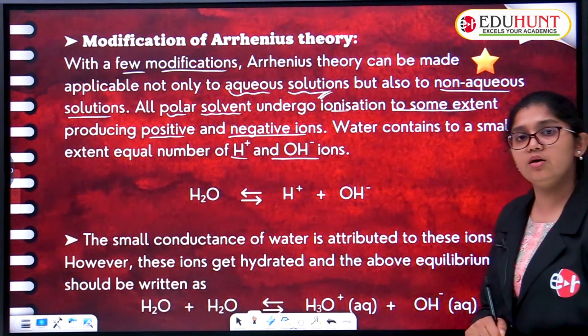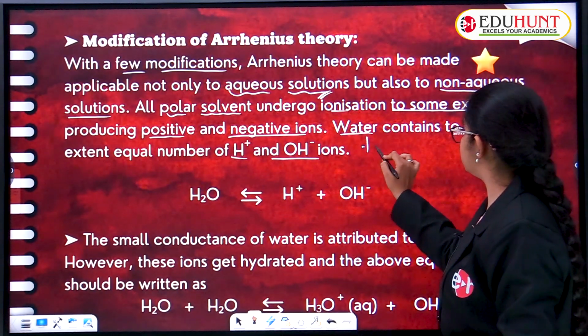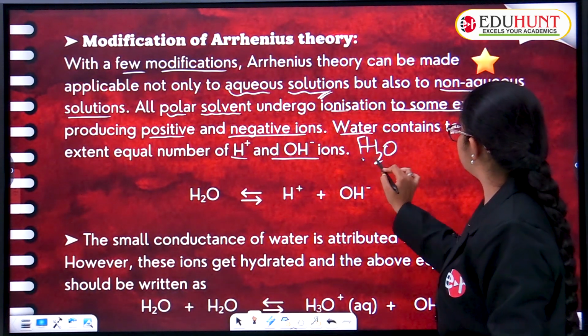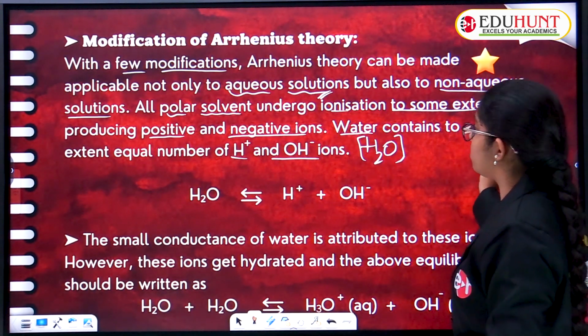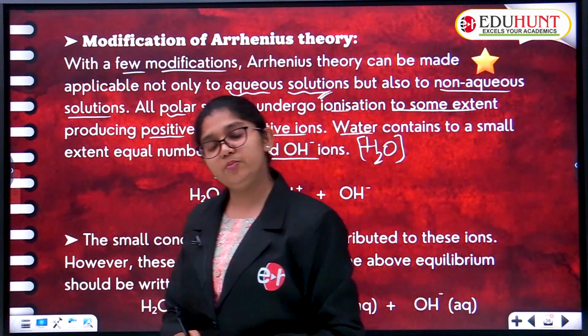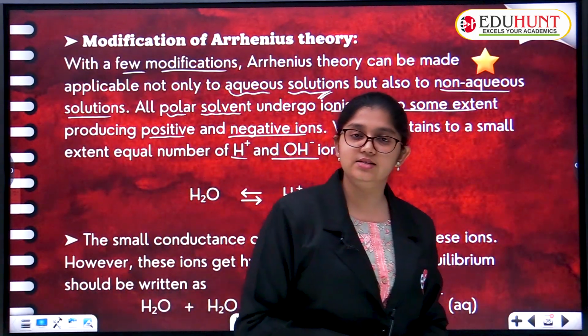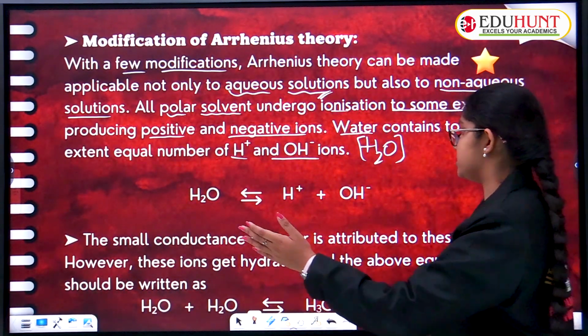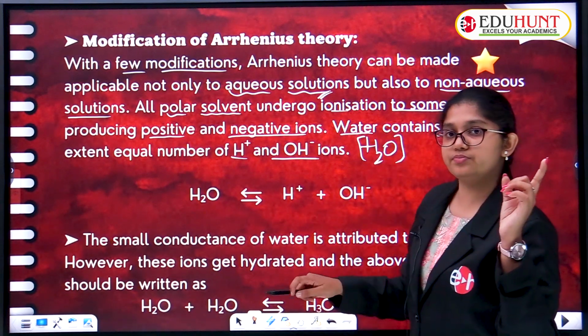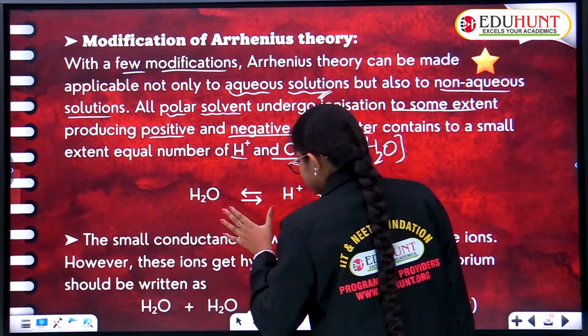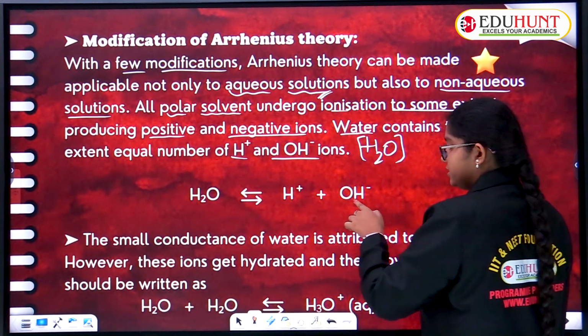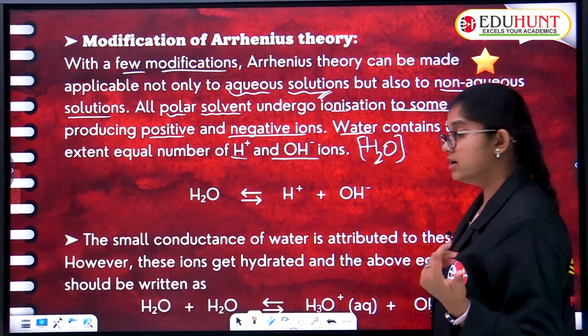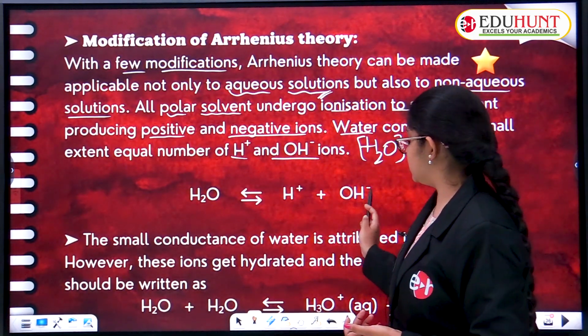We know what a water molecule is? The water molecule is represented as H2O. Very good. So water contains, to a small extent, an equal number of H plus ions and OH minus ions. Yes, so here it is represented. The previous equation told you H2O gives rise to H plus plus OH minus. Before, it was written in reverse: H plus plus OH minus gives rise to H2O.